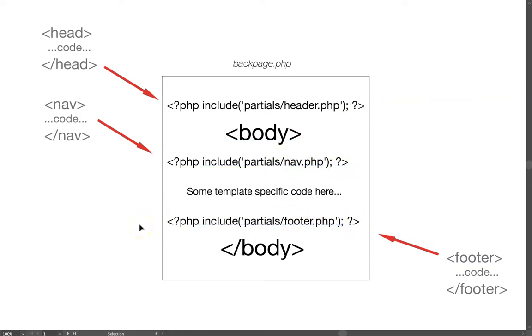While they've modularized those parts of your website, your masthead, your main navigation, and your footer into files, they're still including these on every template. So if this is the backpage.php in a WordPress site, you're including these partials over and over.